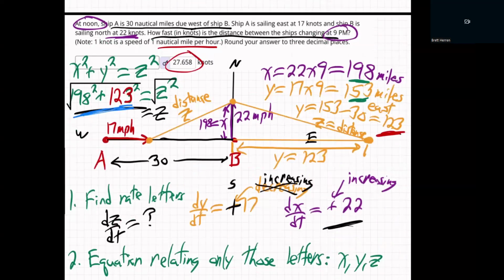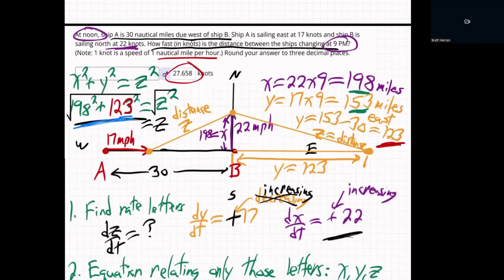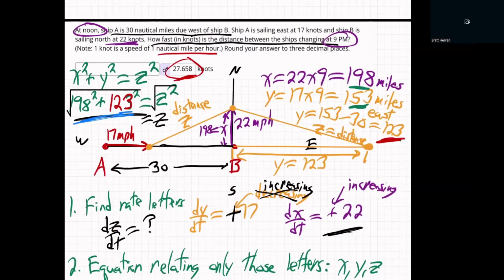Is that the answer? Ah, that's better. We got it. All right. That was kind of terrible, wasn't it? And I messed up right over here. Sorry about that. That Y is 123, not 153. Whew, that's a tough one. That feels like calculus. All right, there we go.